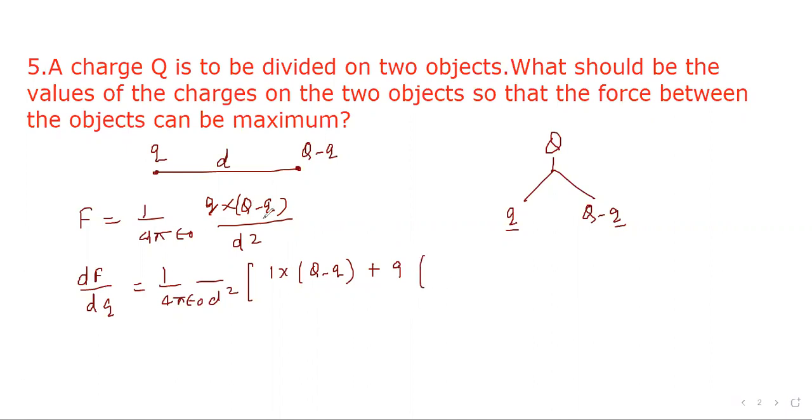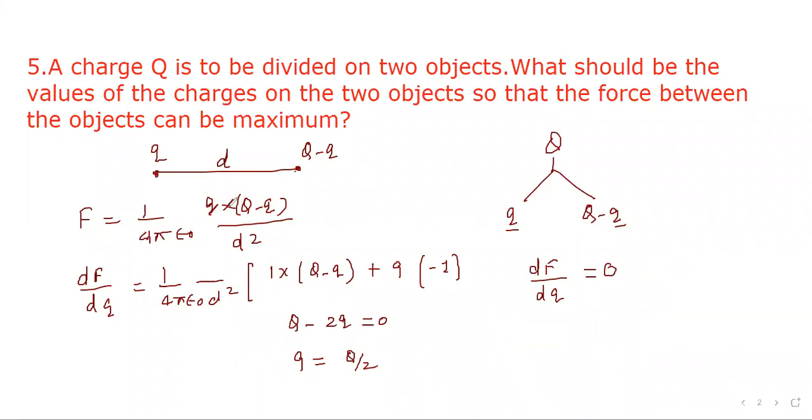So Q is constant, this will become 0, and this will give minus 1. Now, to get maximum force, dF upon dq must be 0. So if we make it 0, we get Q minus 2q equal to 0. So we can say small q is half of Q. So if both charges are Q by 2, then force will be maximum.